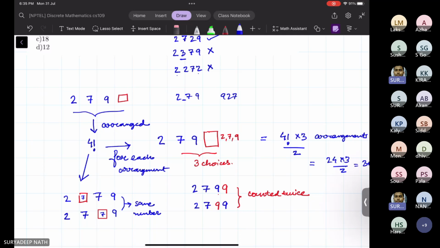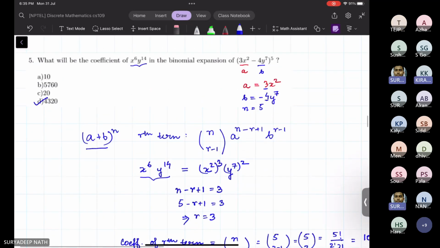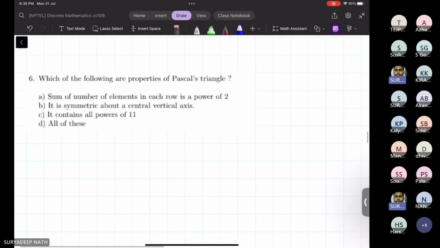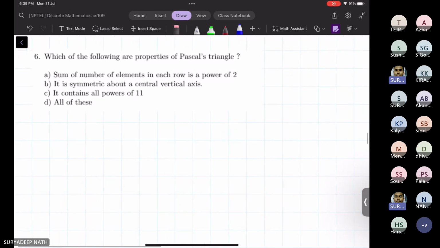Okay, thank you. So let us proceed to the next questions. Coming to question number 6, what are the properties of Pascal's triangle? Let us write the Pascal's triangle for a few rows.